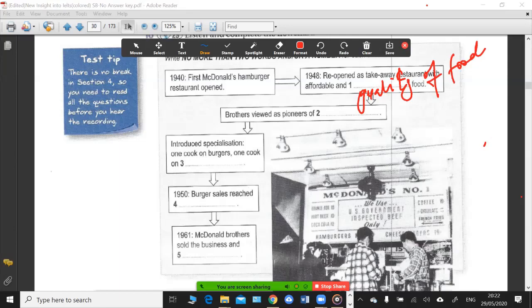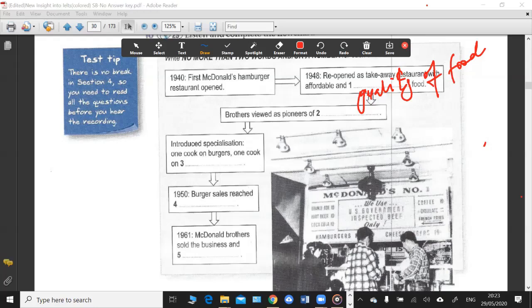Pioneers means someone who started something, like he is the one who initiated that. So there were two brothers, what I understand, that they were the pioneers who started this McDonald thing. This may be a person. Brothers viewed as pioneers of what? Person.